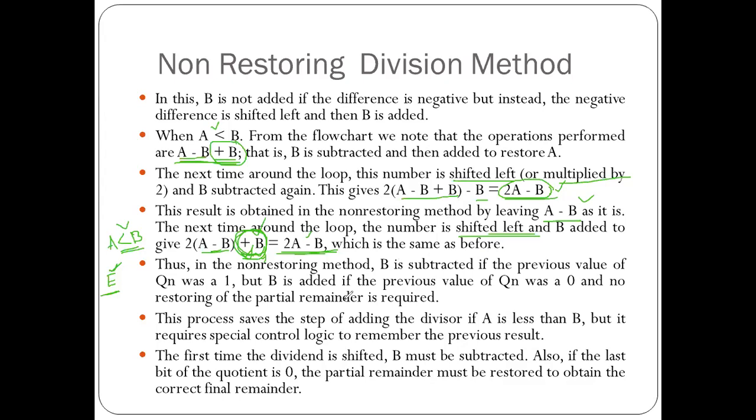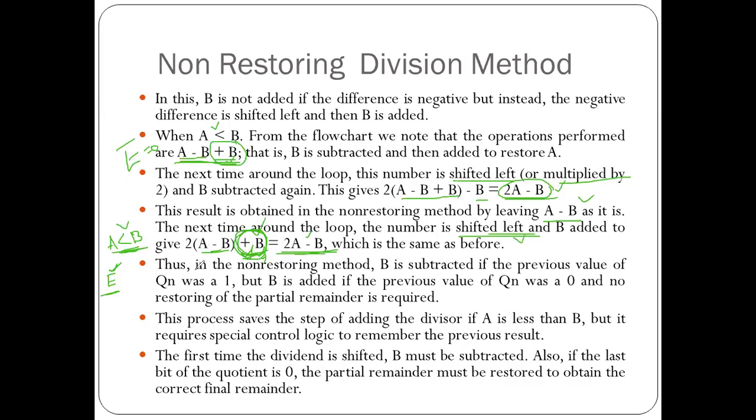Yes, ma'am. Okay. See, we have to add divisor to the partial remainder only when A is less than B. In restoring method, we are restoring based on the flip-flop E. If E is 0, it means A is less than B, so we will add. But in non-restoring method, we are not restoring here itself.